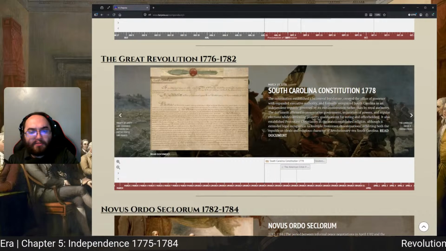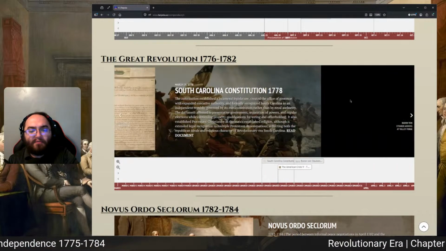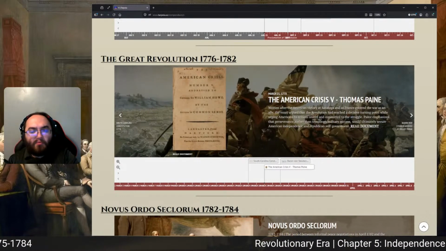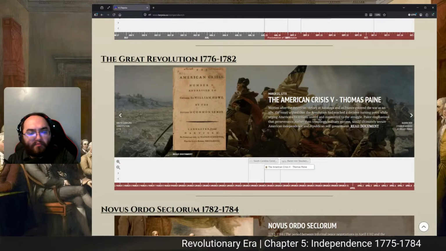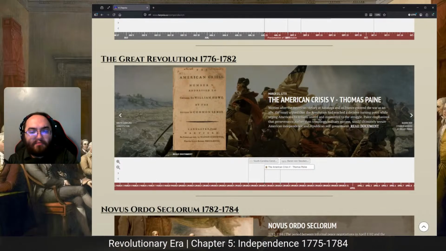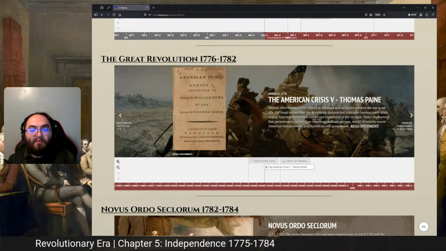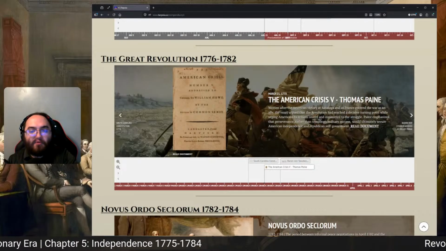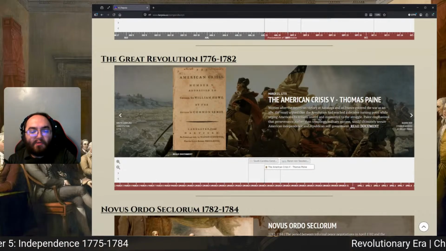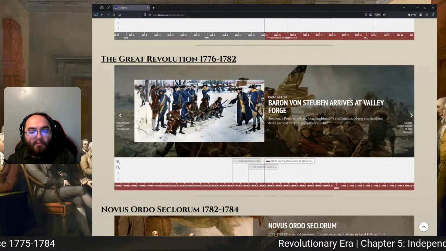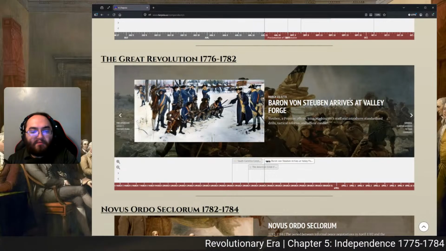Here's South Carolina's state constitution of 1778. Thomas Paine will write The American Crisis No. 5 in March of 1778 and talks about the victory at Saratoga and the French entering the war. Baron von Steuben arrives at Valley Forge.